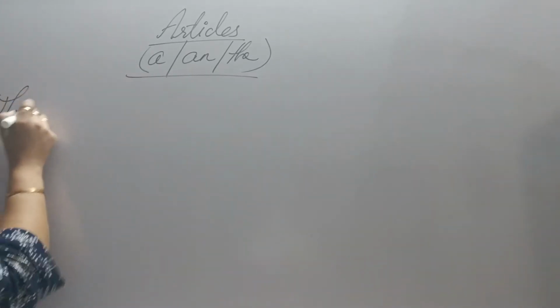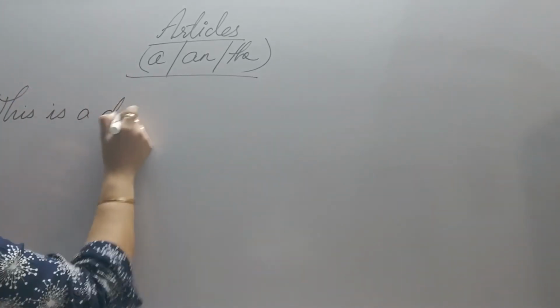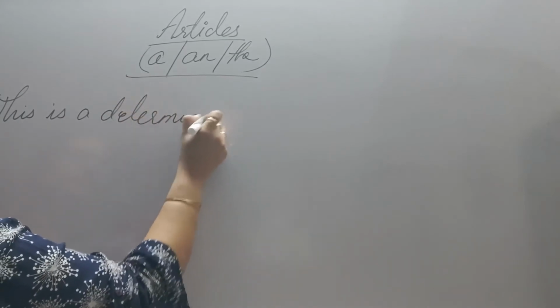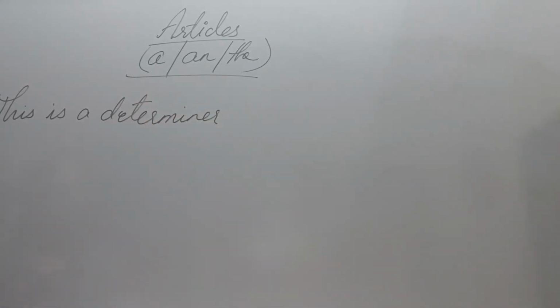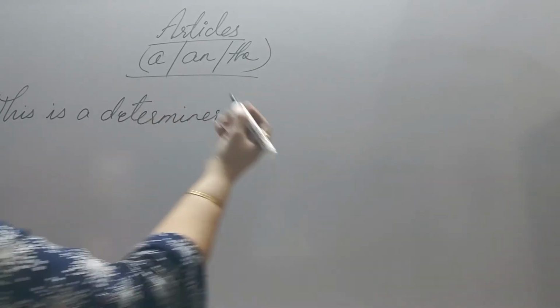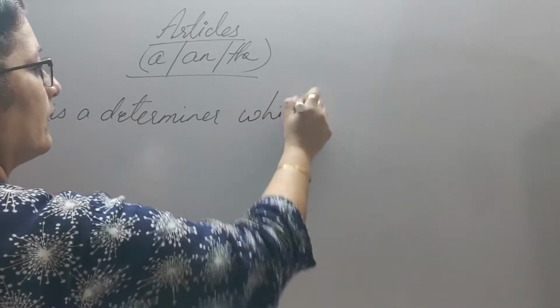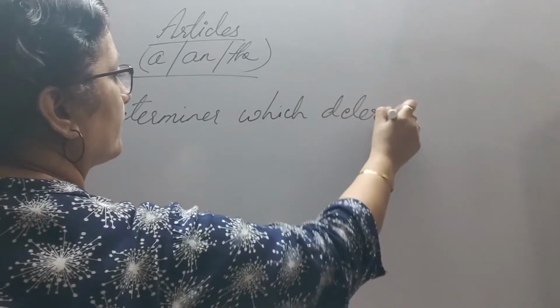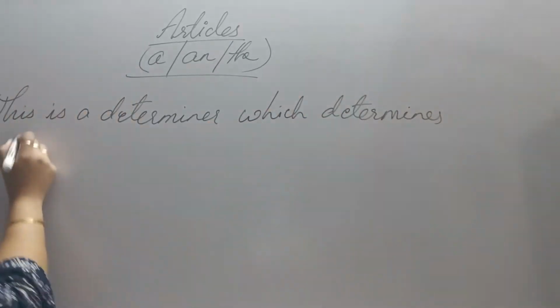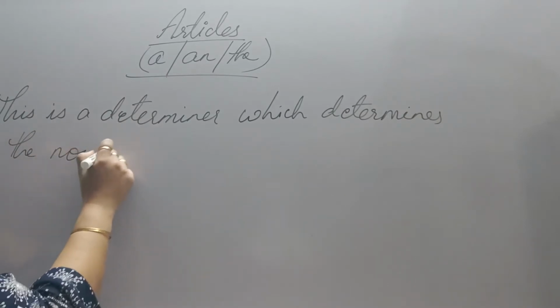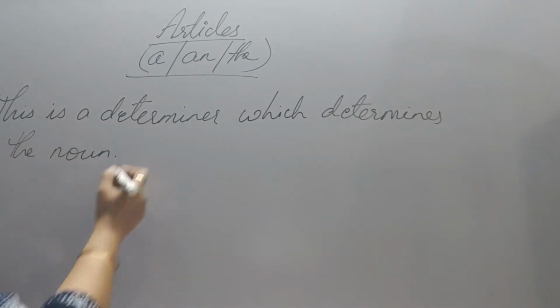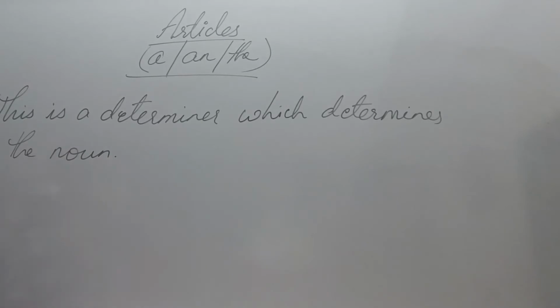The first basic point that we have to see in this is that this is a determiner which determines the noun, which the speaker is referring to or which the speaker is talking about.